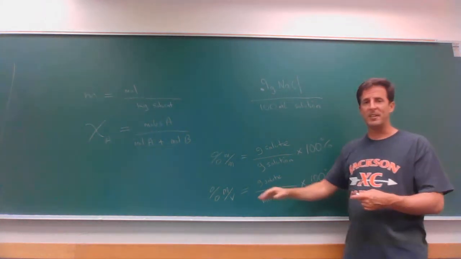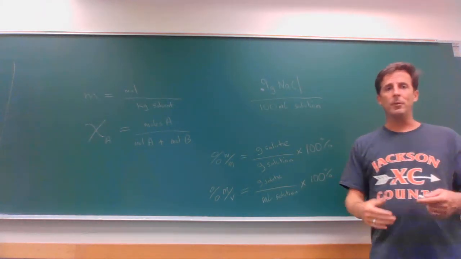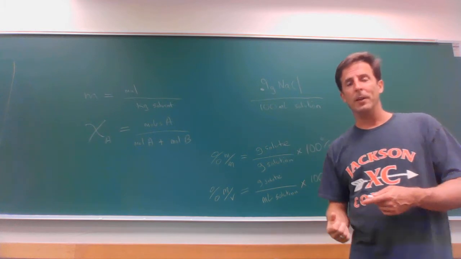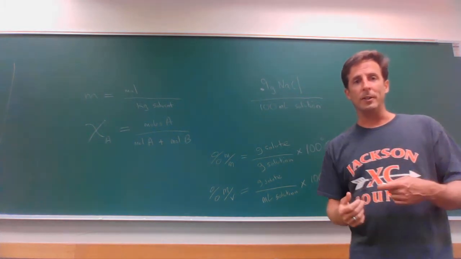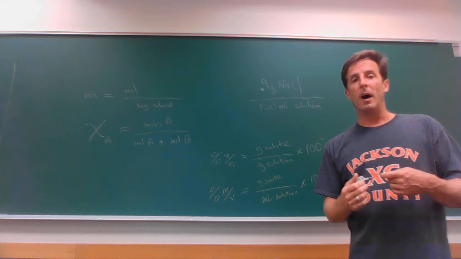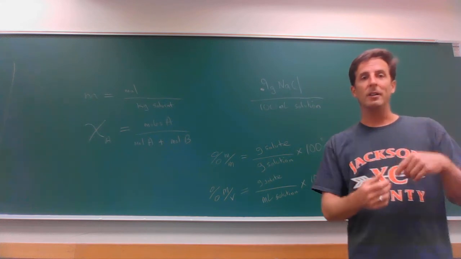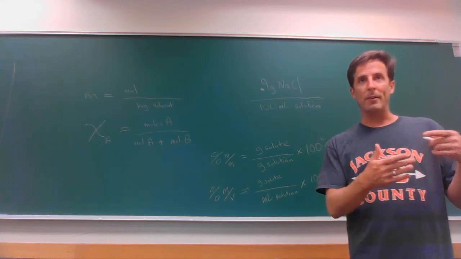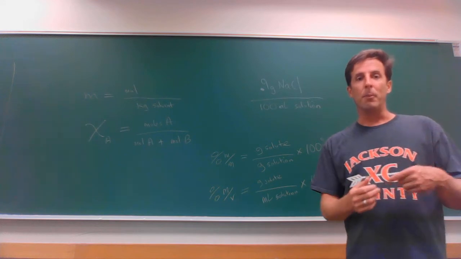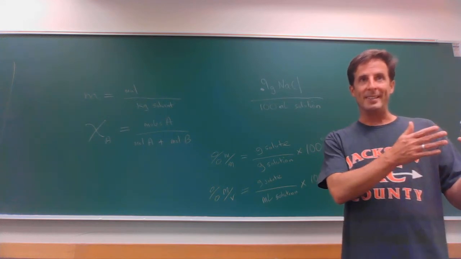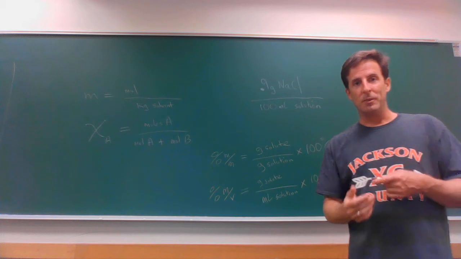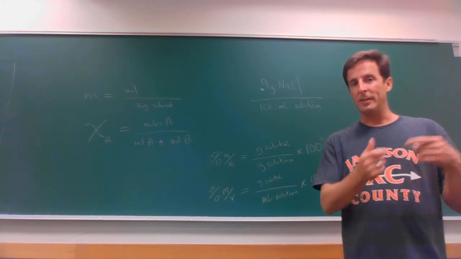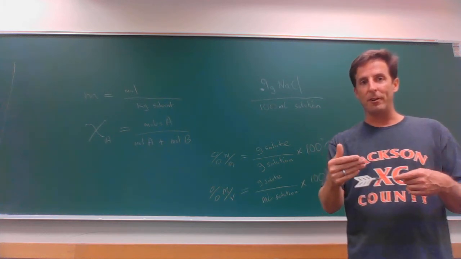Also, percent volume to volume. If you ever have an alcoholic drink, the amount of alcohol in a drink is measured in proof. If you buy a bottle of tequila, typically the amount of alcohol is 80 proof. The proof of alcohol is double the percentage. So if tequila is 80 proof, that means it's 40% ethanol.